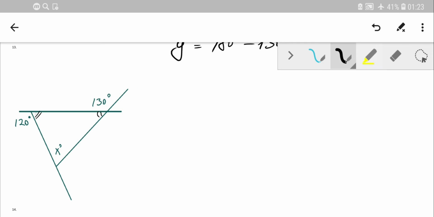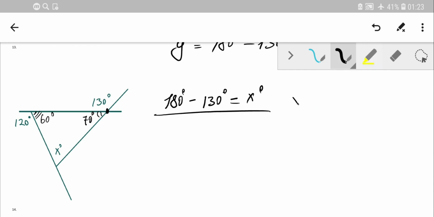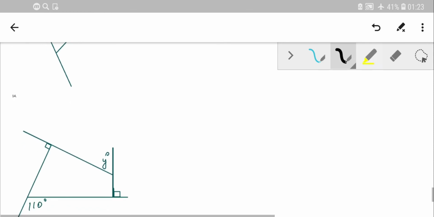So 120 and 60 here, so 70 here, just simply a straight line, and 180 together. So 60 and 70 is 130, and 180 minus 130 will give us the value for x. So that's simply 50 degrees, right?